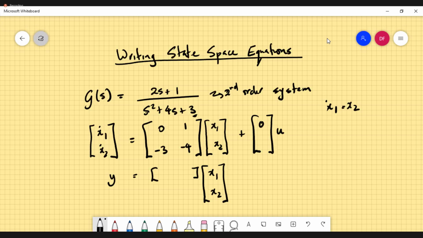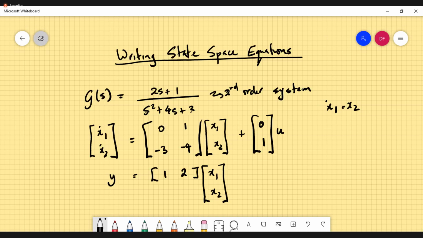That is how I remember it. 0, 1 is standard. Same thing again for my output, my Y, which is going to be 2S. The S represents the first derivative, so we're going to reverse the order again, 1 and 2.